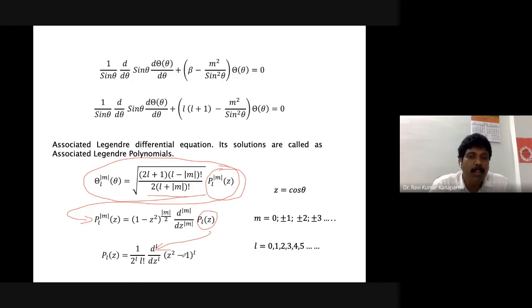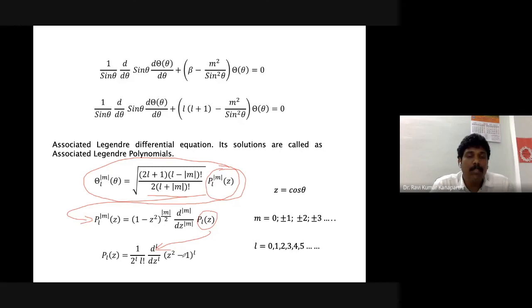What is important for all of us is to remember and memorize the expression written on this slide. Associated Legendre polynomials are the solutions of the theta expression.